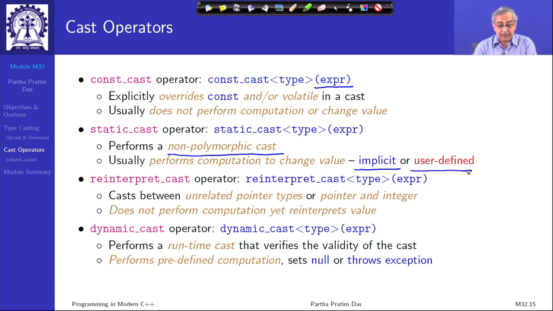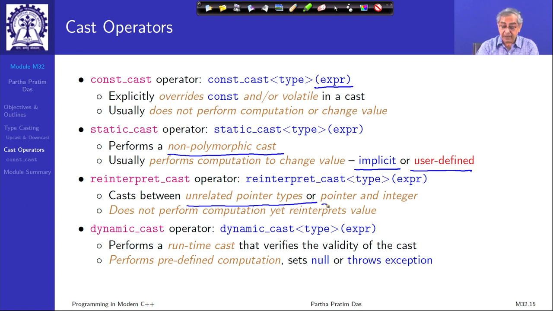Reinterpret_cast is very interesting. If you cannot cast something by the normal rules, rather you should not be doing that cast, then you can still do that cast in many cases using the reinterpret_cast. For example, you can cast unrelated pointer types.